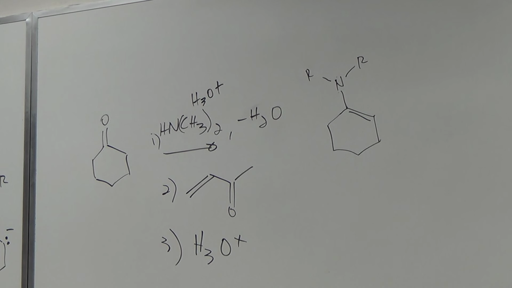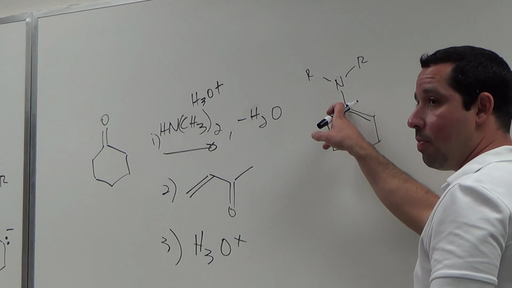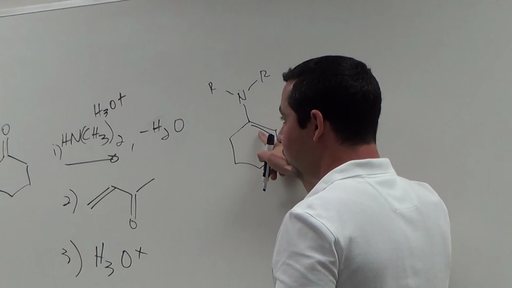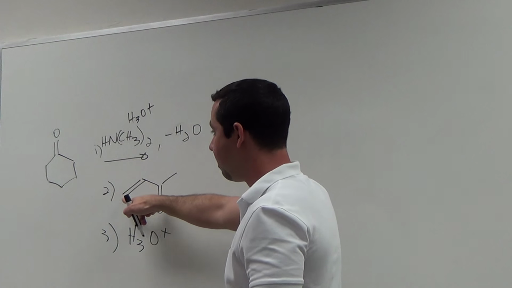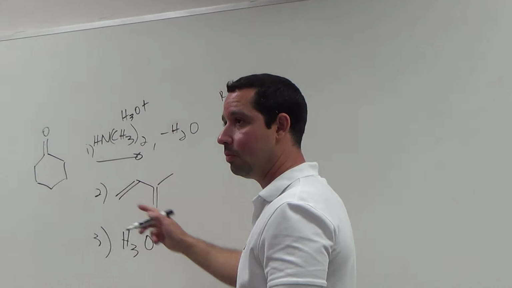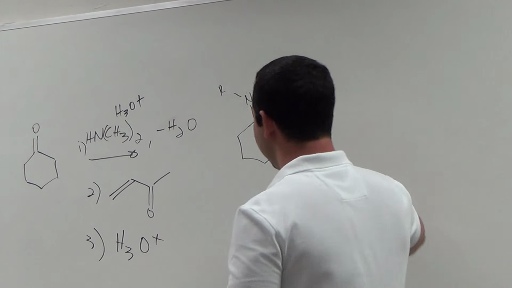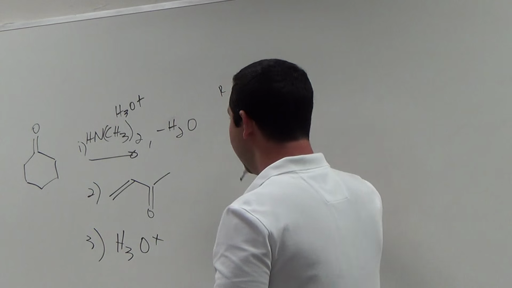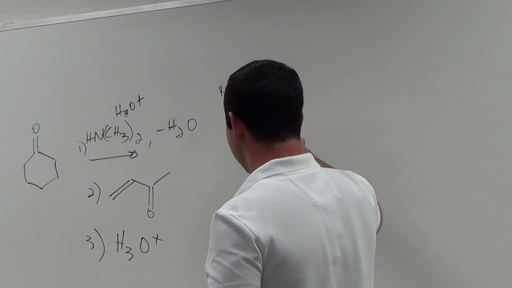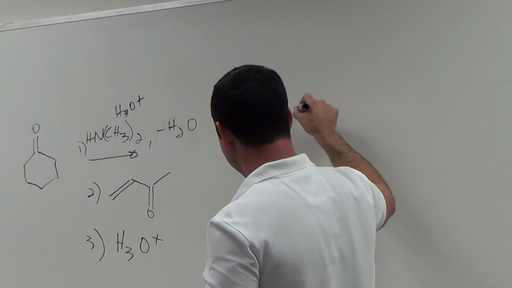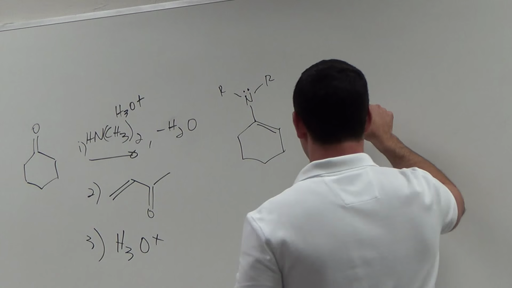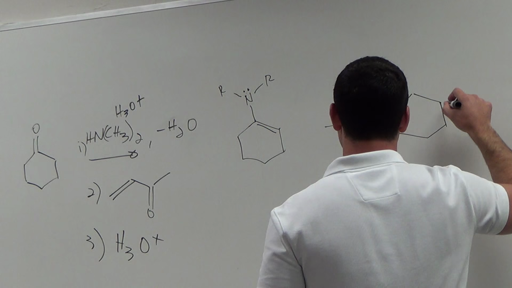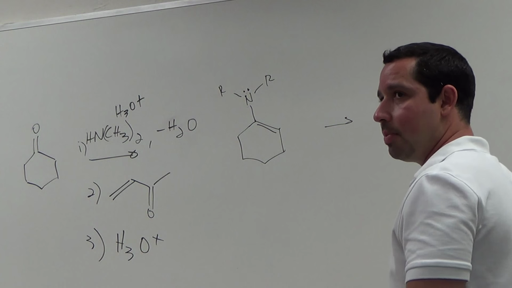Let's say that this double bond attacks the alpha beta. When it attacks the alpha beta, this double bond will go in there and make another double bond here, and the new bond is going to be on this side. So this is what we have, which is what I wanted to get to, because you'll see what happens at the end.